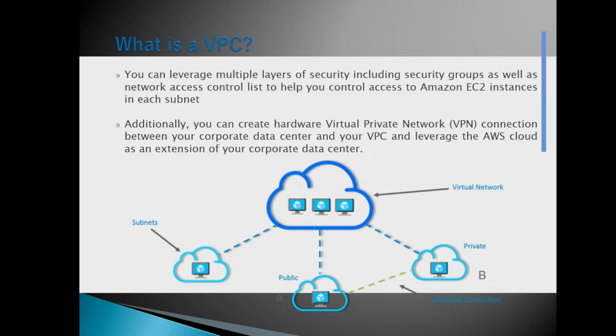While working in the cloud, there are scenarios where your company is still working on-premise and you require a connection between your on-premise and the cloud. In that scenario, you can use VPC to connect your on-premise data center to the cloud. So these are a few things you can leverage while using VPC.